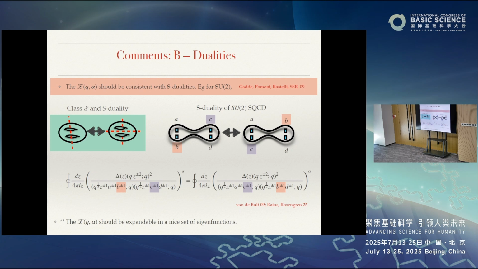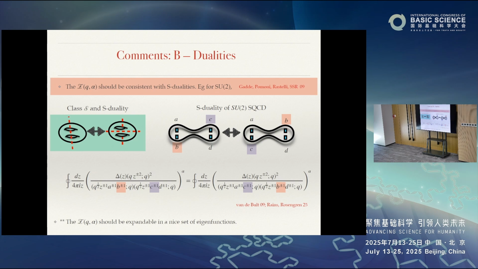There are different duality frames depending on how you do pair of pants decompositions of this sphere. In this Schur partition function, this corresponds to switching various parameters. The integrand of the integral doesn't satisfy the symmetry of exchanging the punctures, but the integral does.